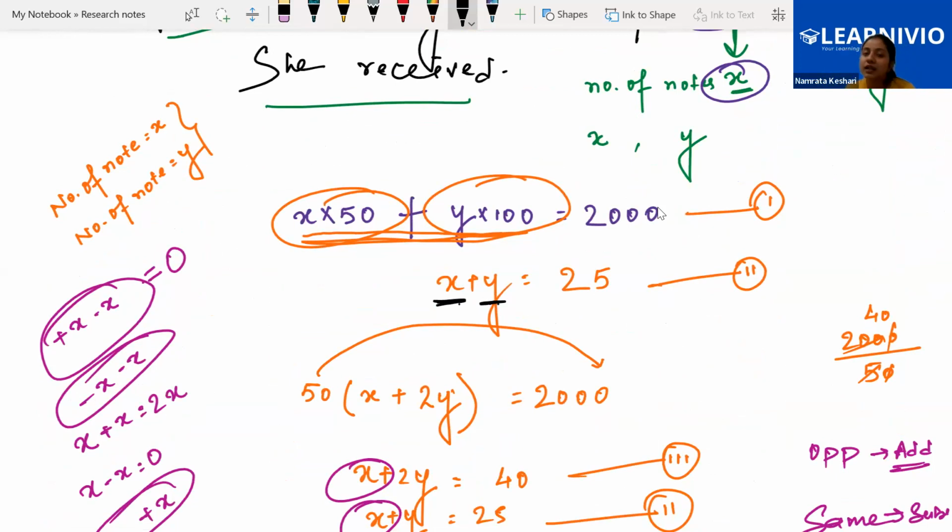These two equations we are getting. Once we are able to frame the equations, now we just have to solve. Solving part is very simple. Please be careful while using the method of elimination or substitution, and be careful with the calculation. Otherwise, if you have framed the equations correctly, your answer will be correct.